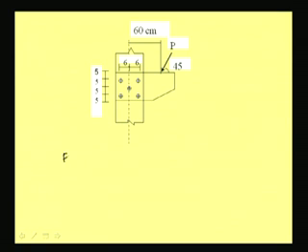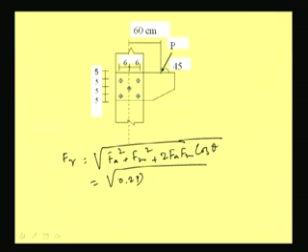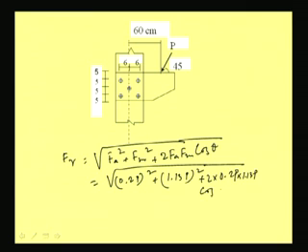So, Fr will be root over Fa square plus Fm square plus 2 Fa Fm cos theta. So, this will become 0.2 P, plus 1.13 P which is the Fm, plus 2 times these into cos 5.2.